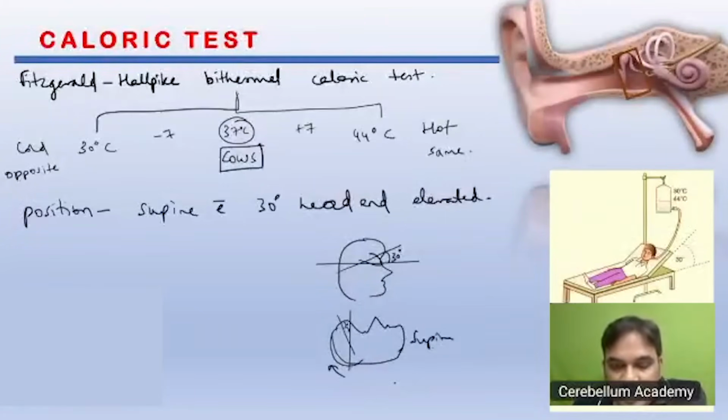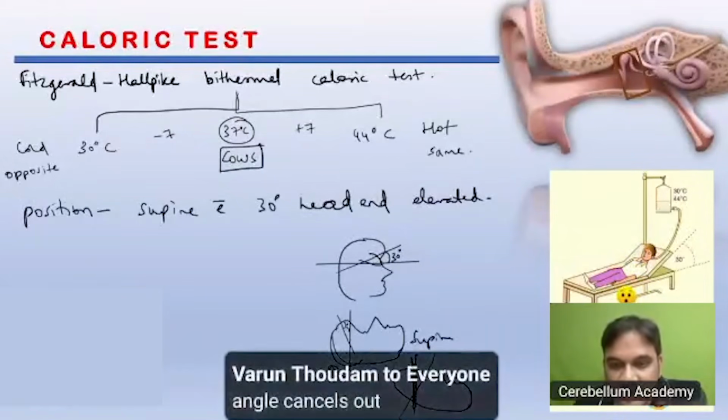Now, if I make the supine position with 30-degree head end elevation, what happens to the lateral canal? It comes to lie in this plane. So this is your horizontal plane. This is the plane of your semicircular canal.